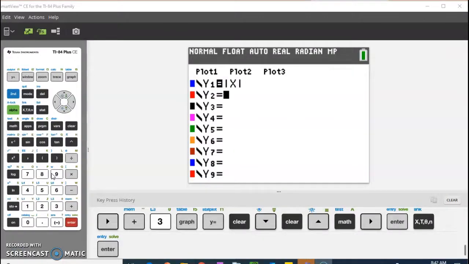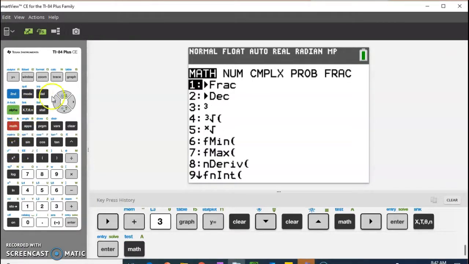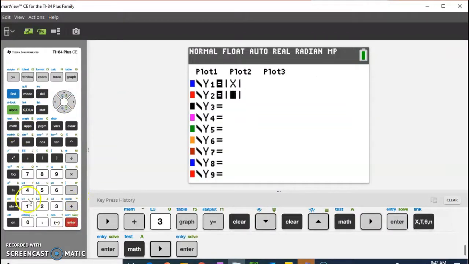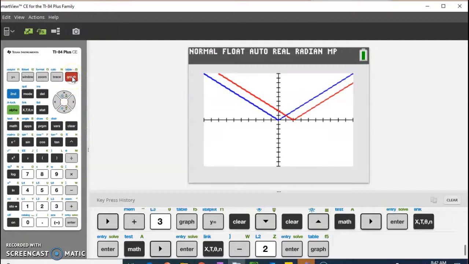All right, so I've already put y equals the absolute value of x in, and then let's go ahead and put y equals the absolute value of x minus 2. There we go. So let's graph. You see a V, and then the red one, the V moved to the right 2 units.